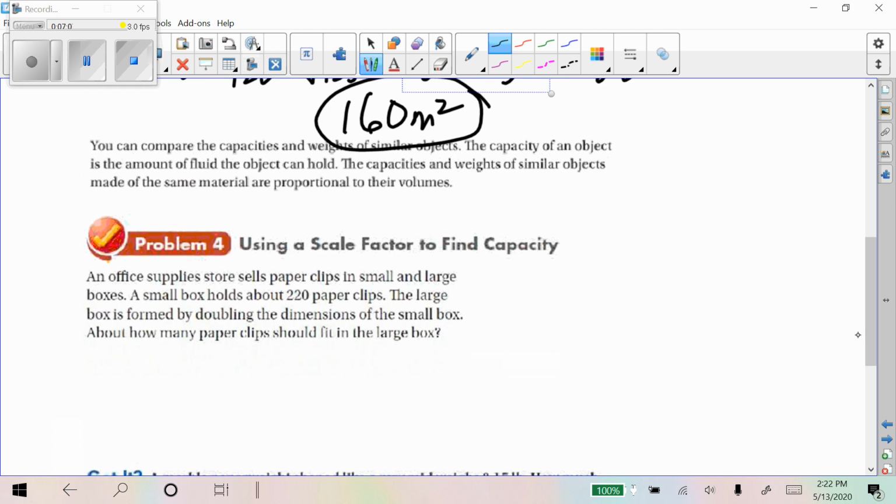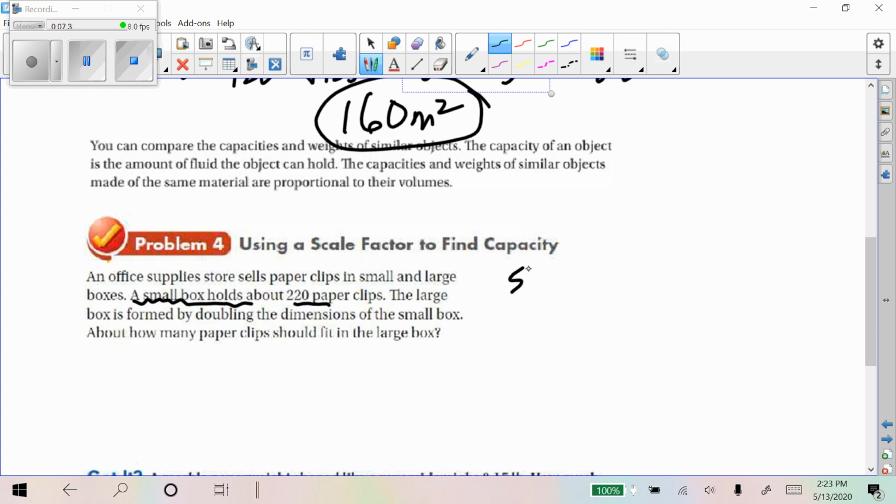Okay, likewise, we can do capacities and weights by using our scale factor, surface area factor, volume factor idea. So check this out. Let's say a small box holds about 220 paper clips. The large box is formed by doubling the dimensions of the small box. So we don't even really need to know what they are, but we know they're all doubled.